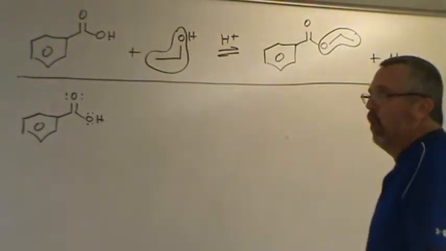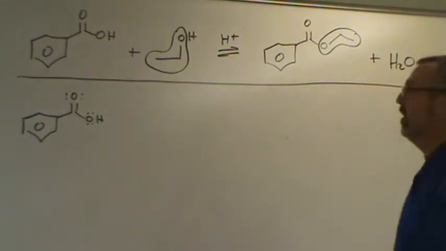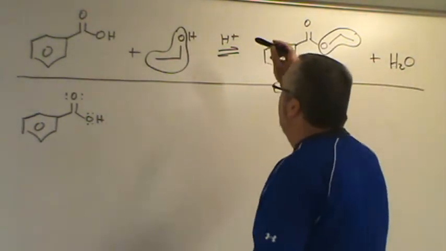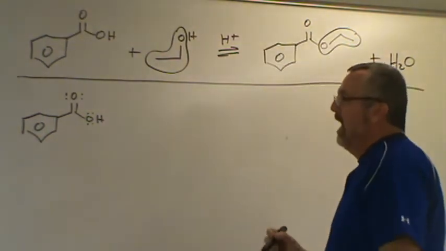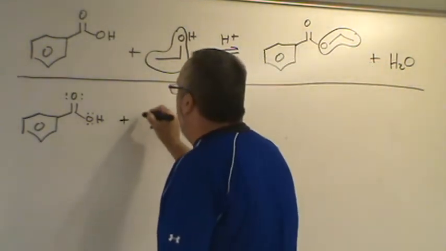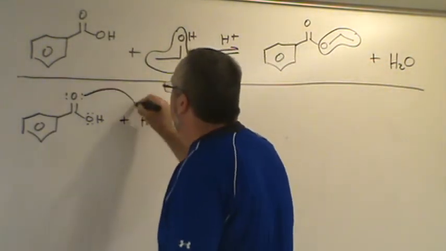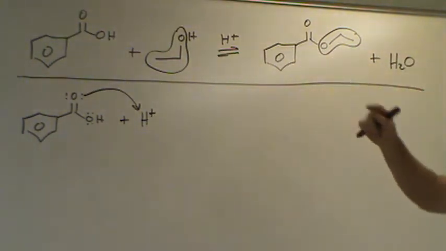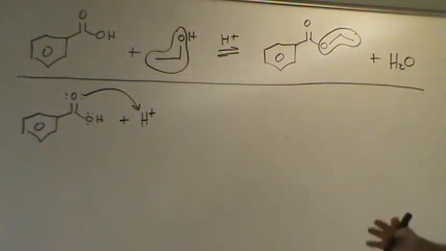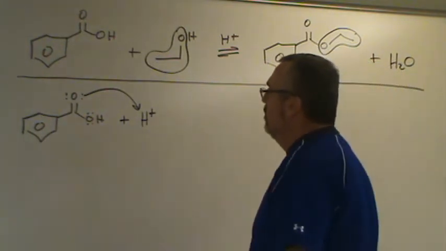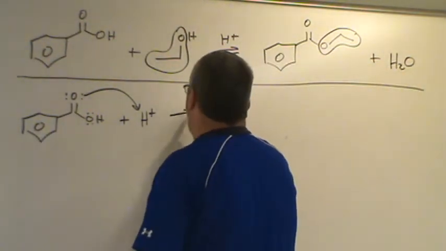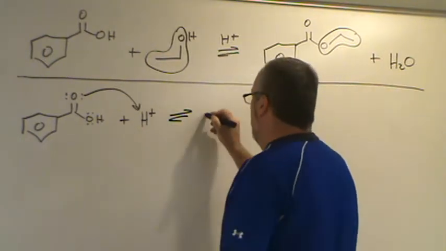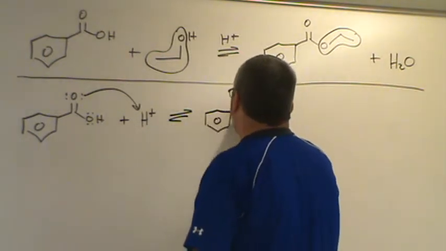Well, I've got a carbonyl-containing molecule, happens to be a carboxylic acid, and I'm using an acid catalyst. As I've told you in the past, each and every time you see a carbonyl-containing compound, whether it's an aldehyde, a ketone, a carboxylic acid, an ester, anything, under acidic conditions, the first step of the mechanism will always be the same, and that is protonation of the carbonyl oxygen.